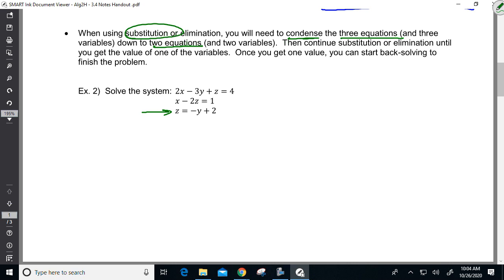You have a variable already by itself. Cool. Take negative y plus 2, plug it into the second equation for z, plug it into the first equation for z, plug it in twice.